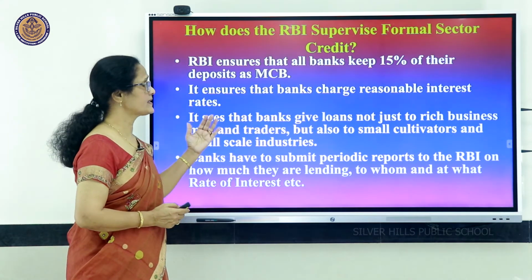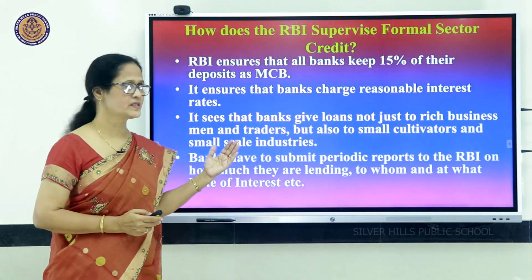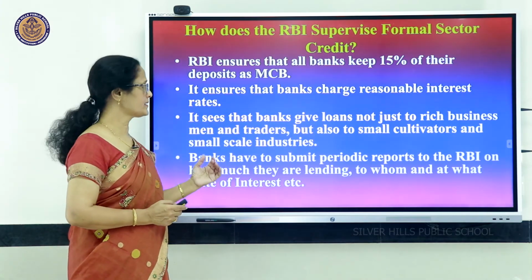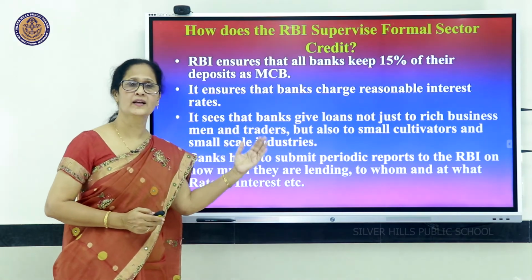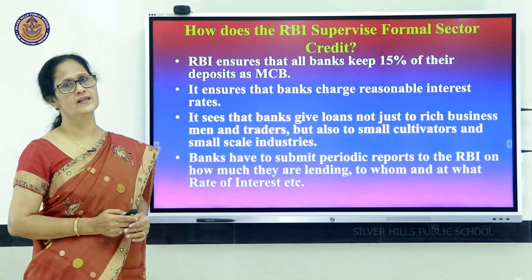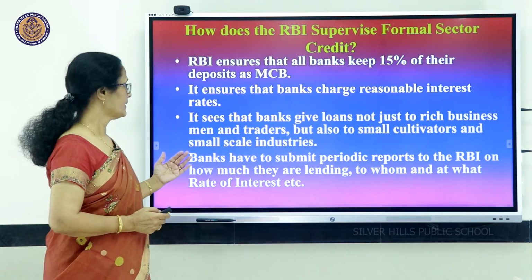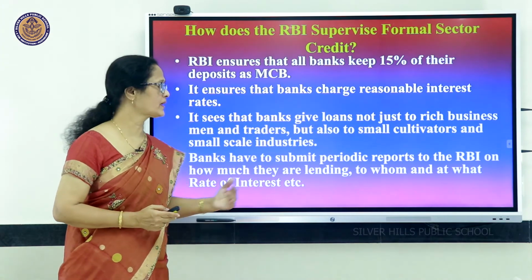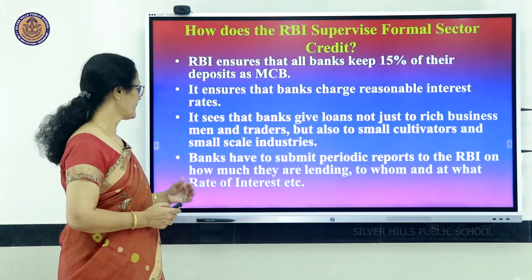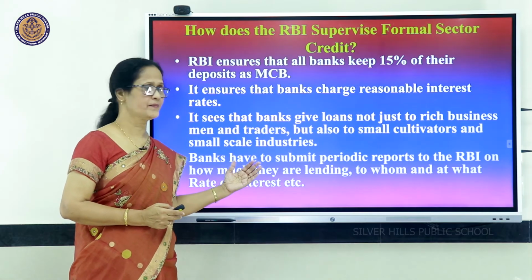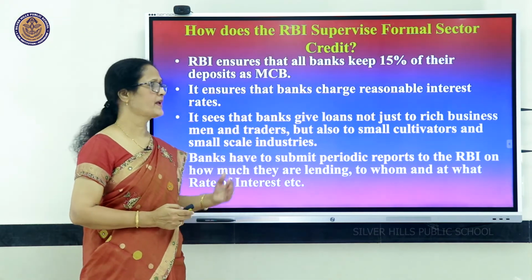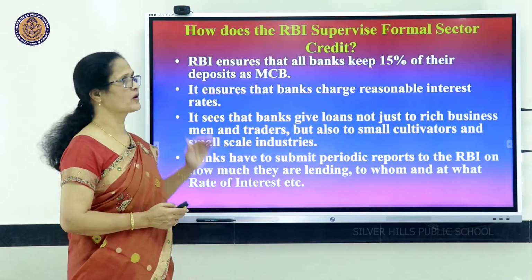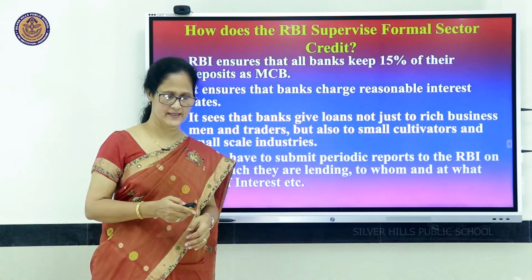Third, it sees that banks give loans not just to rich business people and traders, but also to small cultivators and small scale industries, etc. And fourth, banks have to submit periodic reports to the RBI on how much they are lending, to whom they are lending, and at what rate of interest. So, these are the ways in which the Reserve Bank of India supervises formal sector credit.